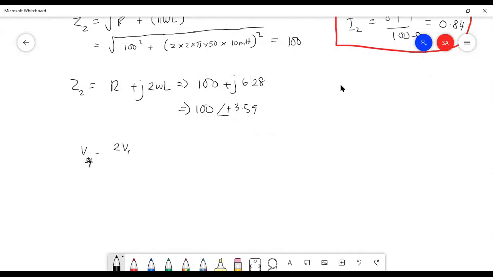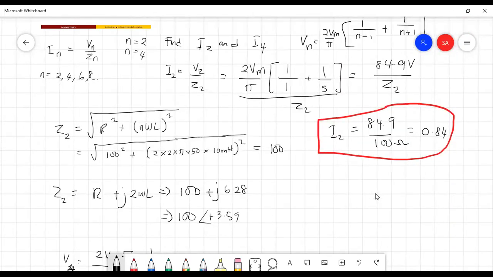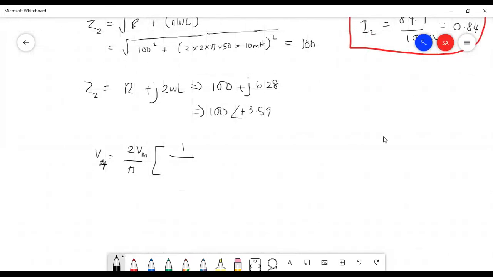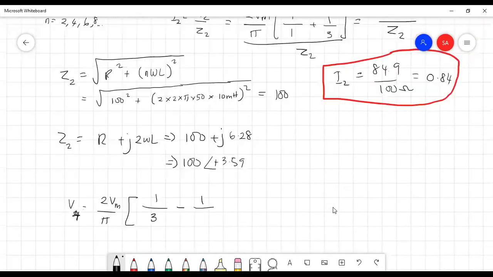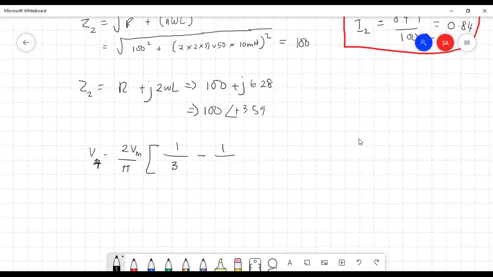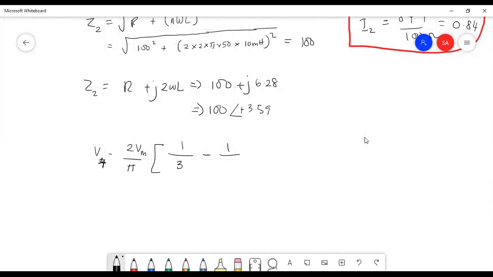So V4 is 2 Vm over pi, using the formula 1 over n minus 1, which is 3, plus 1 over n plus 1. So 4 plus 1 is 5.